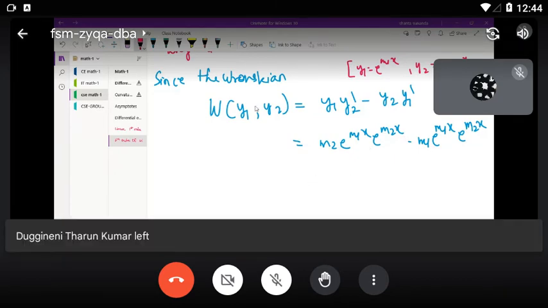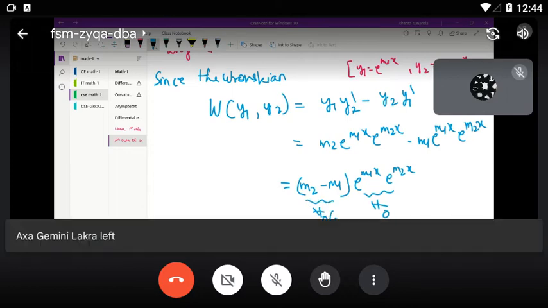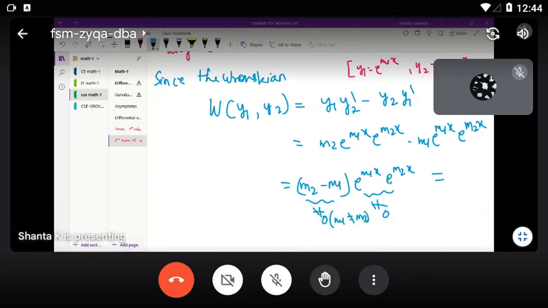Now since m1 and m2 are not equal to 0, this is m2 minus m1, and this part is common, so we can take it out. This is exponential, so this part is not equal to 0. This is also not equal to 0 because m1 is not equal to m2. So this total expression is not equal to 0. That means the Wronskian is non-zero.